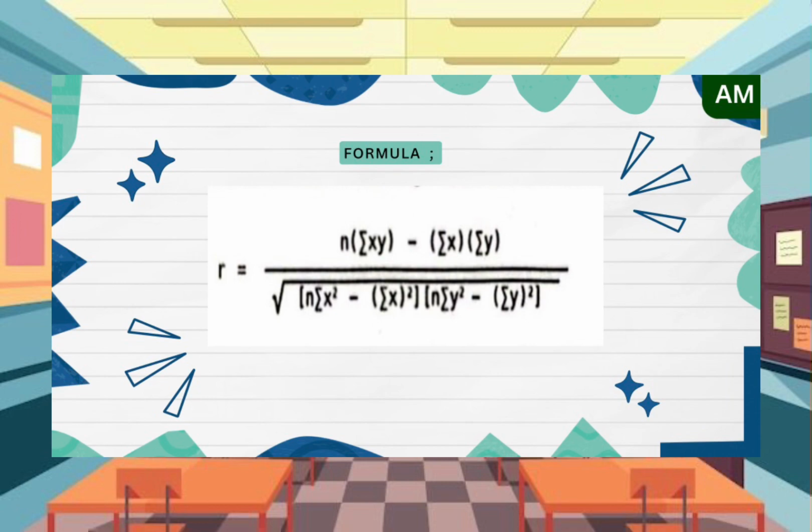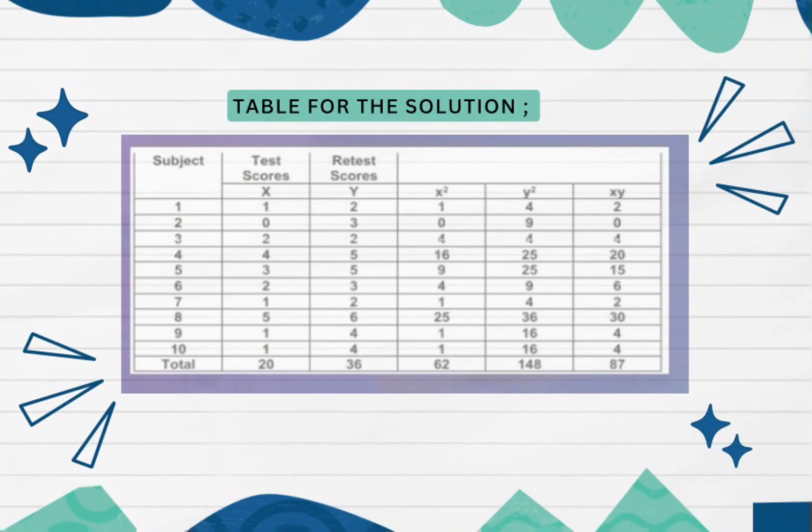So, here is the table for the question. The first vertical line lists the 10 students, the second vertical line is the score for their test, and the third line is the score for the retest.